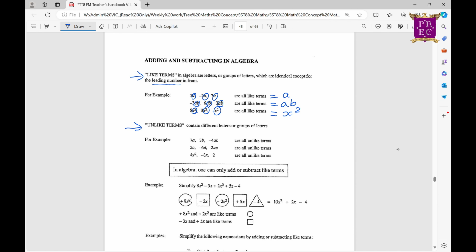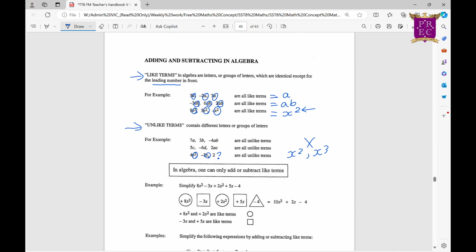Now, it's incredibly important to ensure that you're paying attention to any powers as well, because you'll see in the unlike terms down here, x squared, x, and no pronumeral, these are all different. The x squared and the x are distinguishable, they're not the same, and they're not like terms. And even if it was, let's say, x squared and x cubed, those are not like terms.